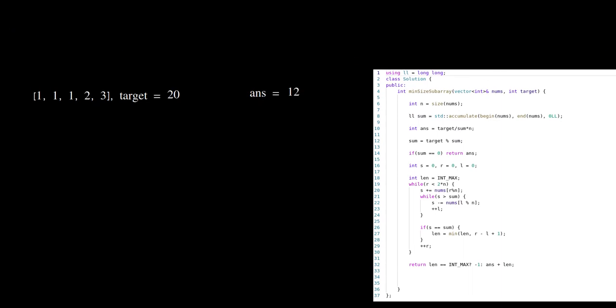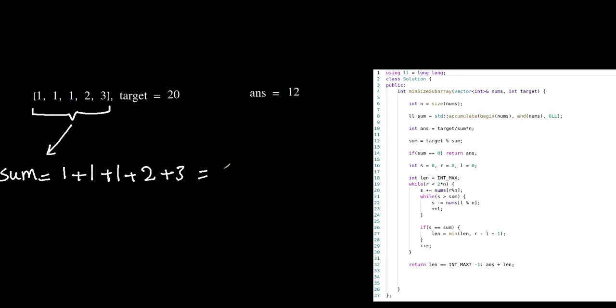To solve this question, the first thing we will do is find the sum of all elements in the array. So sum equals 1 plus 1 plus 1 plus 2 plus 3, and this equals 8.